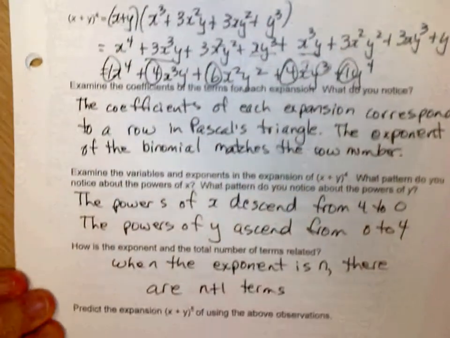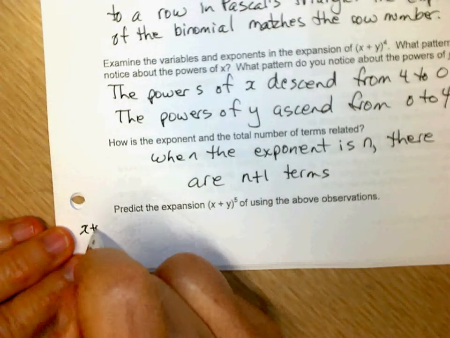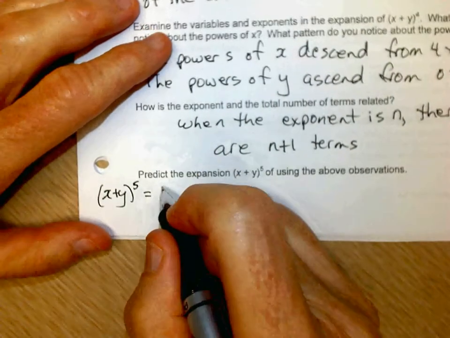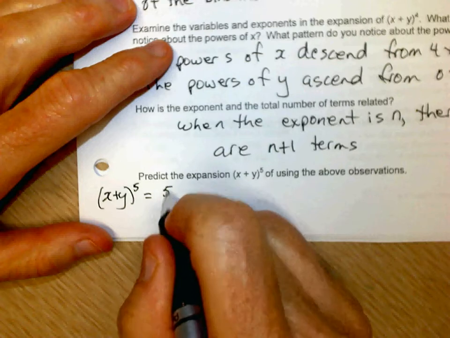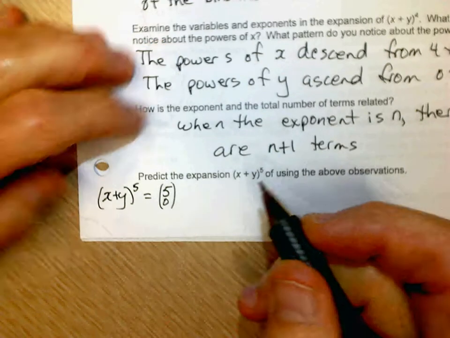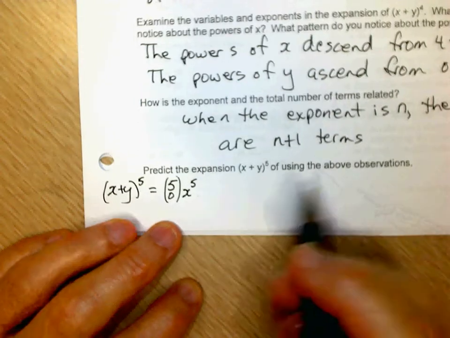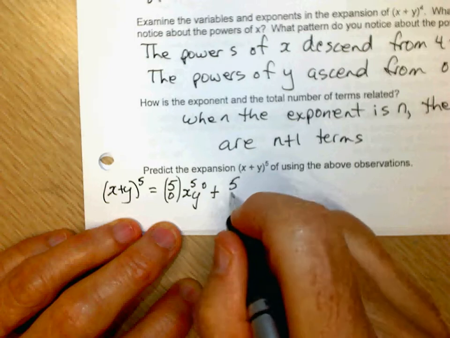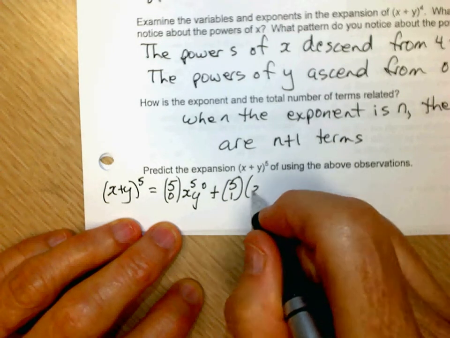So let's do this expansion. (x + y)^5 is equal to, what's my first coefficient? 5 choose 0, and it's going to be x to the 5, y to the 0, plus 5 choose 1. I'm just doing it to emphasize the patterns.